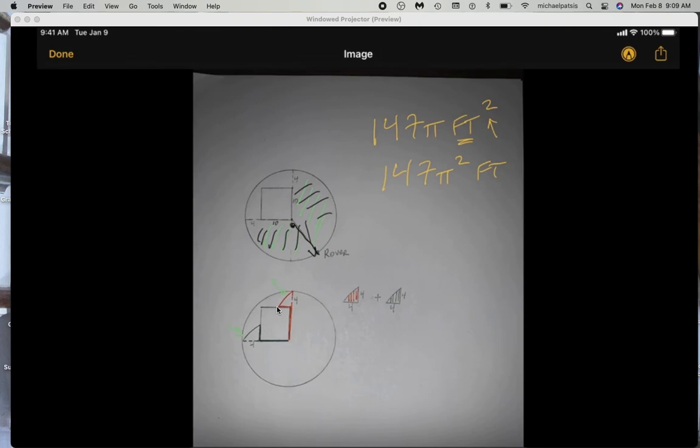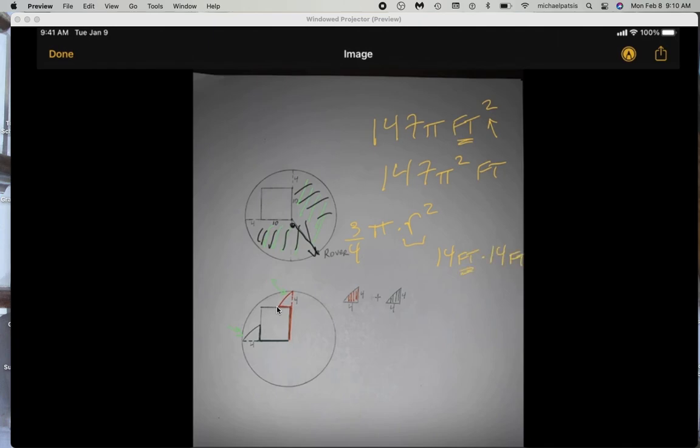Make sure you get the square with the units. And the reason the square is with the units is because when we did our original calculation, pi r squared, or actually this was 3/4 pi r squared, but when you have pi r squared, the radius is 14 feet times 14 feet.